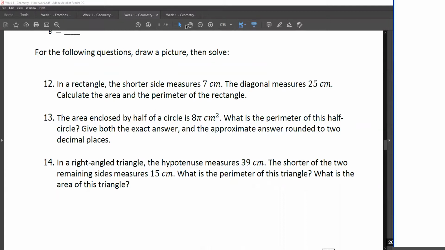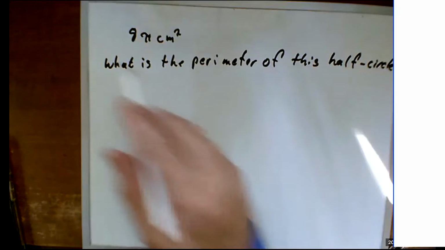So, what is the perimeter of this half circle?